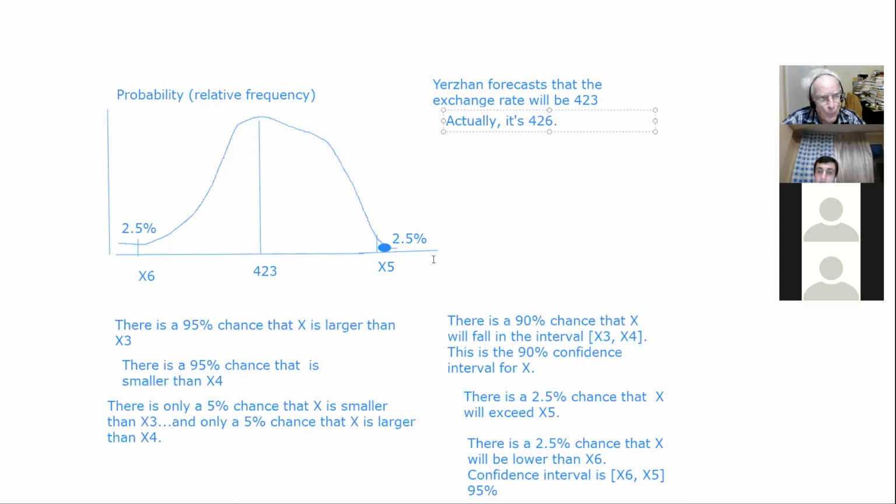So the question is whether they have a good model that they can use again to forecast the exchange rate. And the answer is yes, we have a good model if 426 falls within the 95% interval, like that.